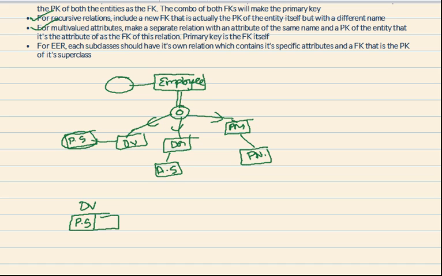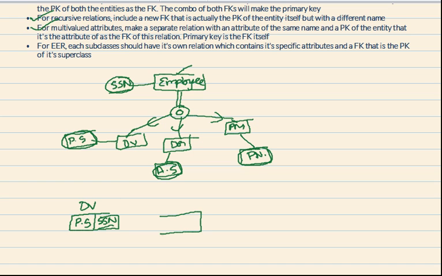Sorry, these are attributes, so it's a really bad mistake, but everyone makes mistakes. So this is SSN, and SSN is the primary key. There may be name and so on, but I'm just concerned about this. So the rule is that you have to include the primary key of the superclass as the foreign key in the subclass.